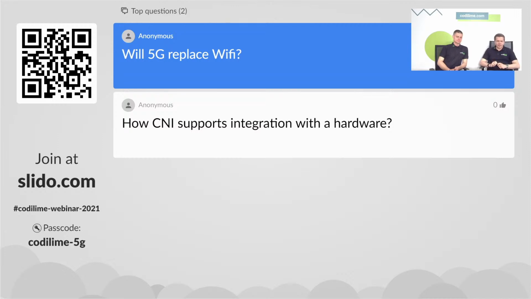5G is more in use right now for public networks and wider areas, similar to the previous generation, 4G.